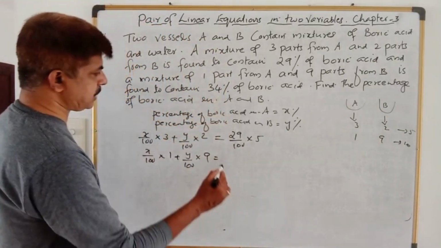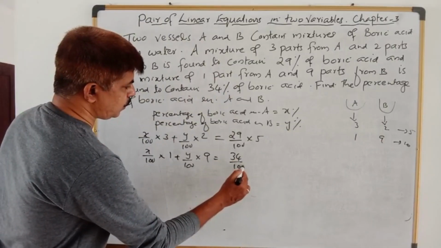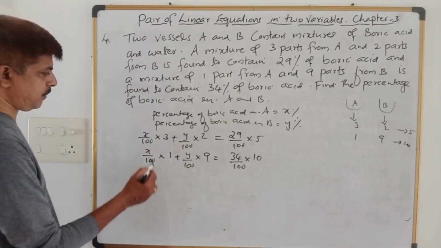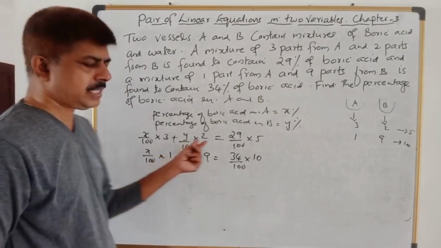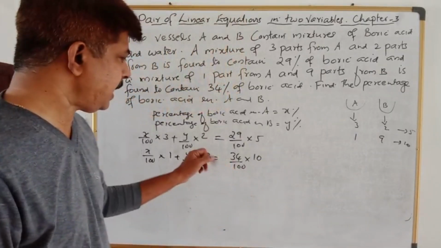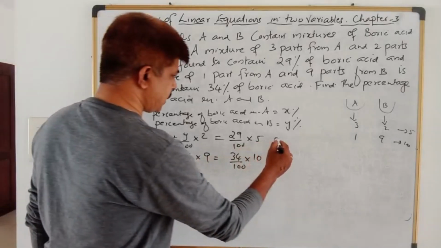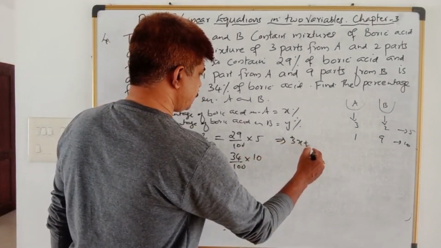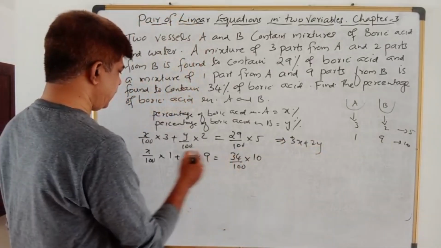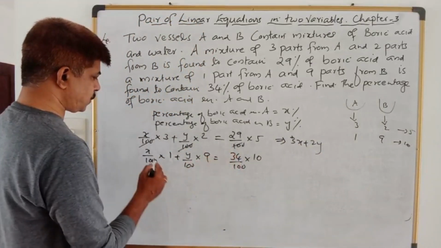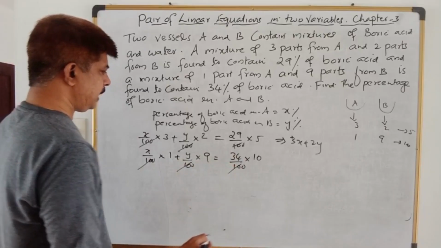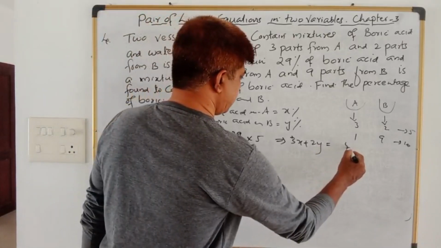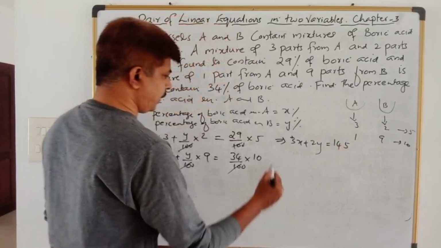Altogether we have 34% boric acid in both the vessels together. This equation can be simplified. I think 100 can be cancelled, since each term contains 100. So 3x plus 2y is equal to 29 into 5, how much? 145.